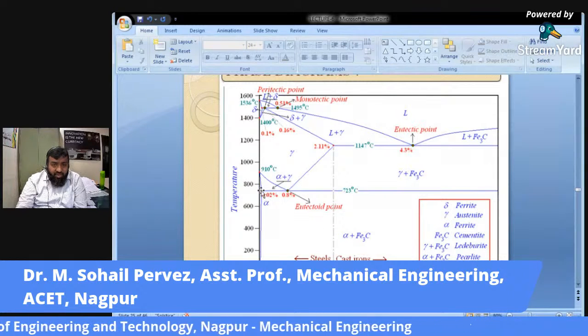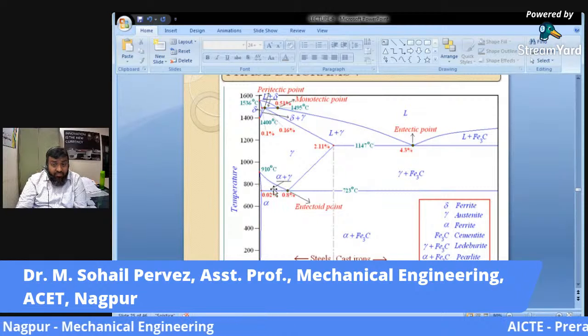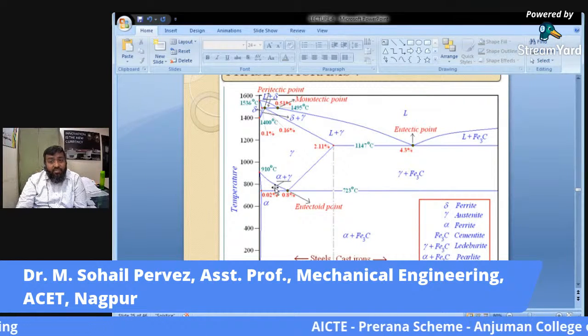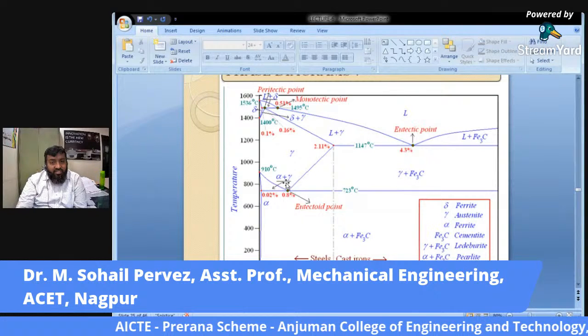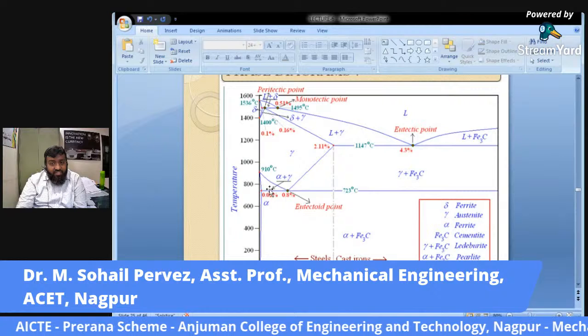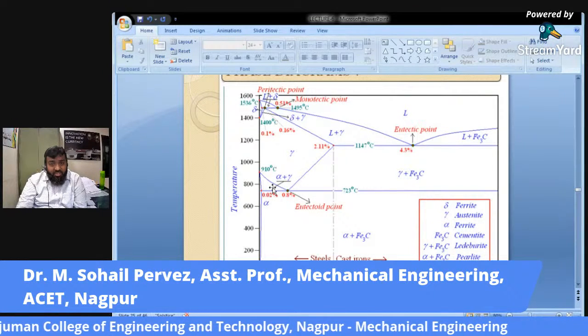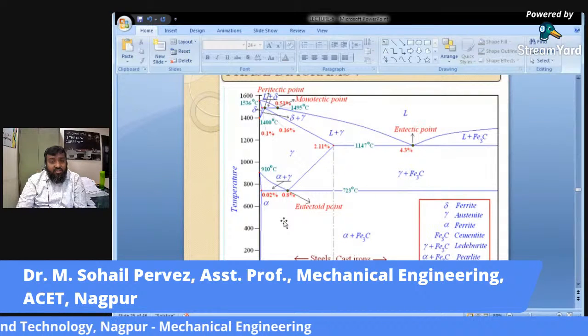This region is again very important. Generally the numerical is asked on this alpha plus gamma region. Alpha is ferrite. What is gamma? Austenite. So this alpha plus gamma phase region is of very great importance.